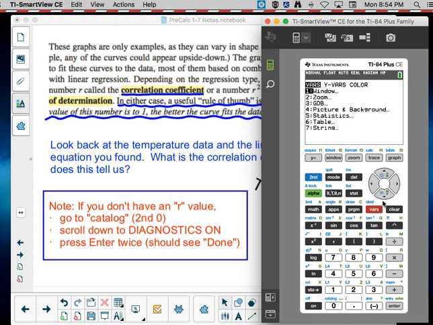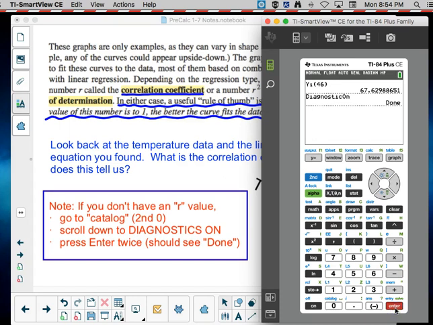Whoops, I have a fat finger, so we're going to do that again. Second 0, and go down. I'm looking for D, diagnostic on. We're almost there. Diagnostic on, and hit enter. I'm going to hit enter again, and it says done.